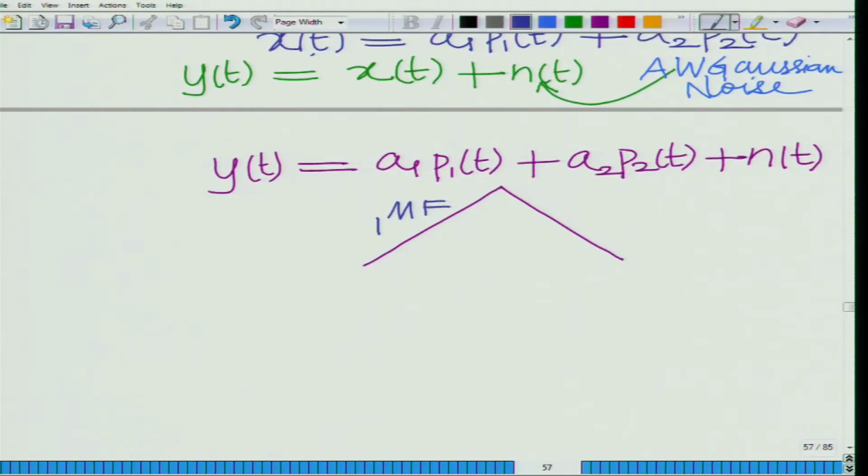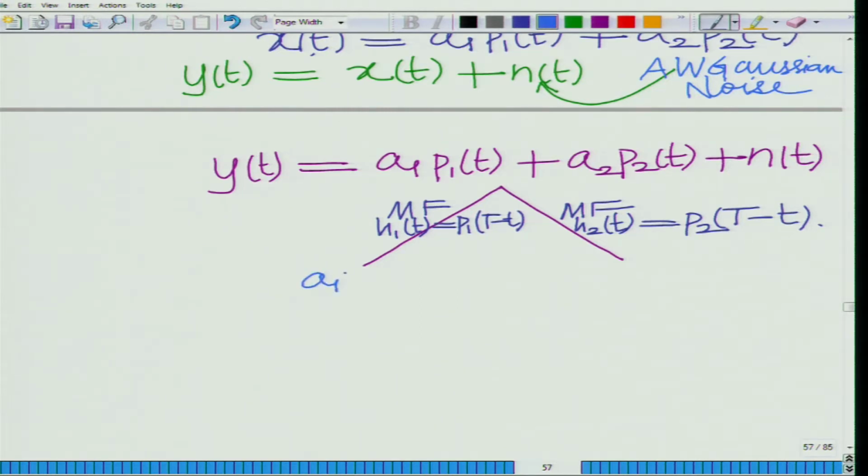And now I have to matched filter, similar to QPSK, QAM, etc., with both h1(t) equals P1(T minus t) followed by sampling at T, and matched filter also with h2(t) equals P2(T minus t). And we have seen before this matched filtering operation, because P1 and P2, the pulses, are orthogonal, this one will give us A1 times E_P plus N1 tilde, where E_P equals energy of the pulse.